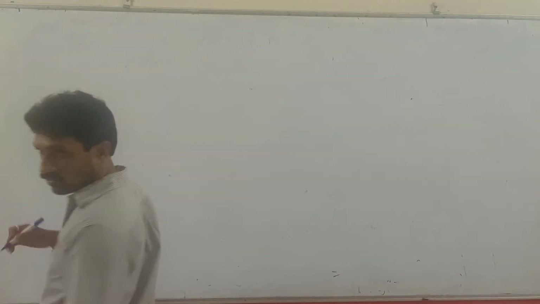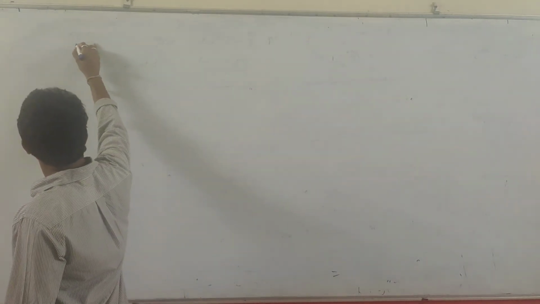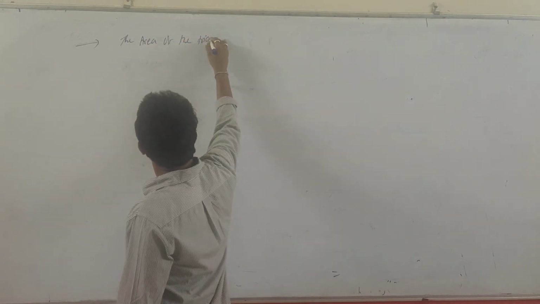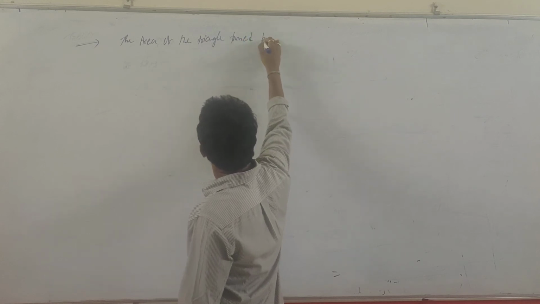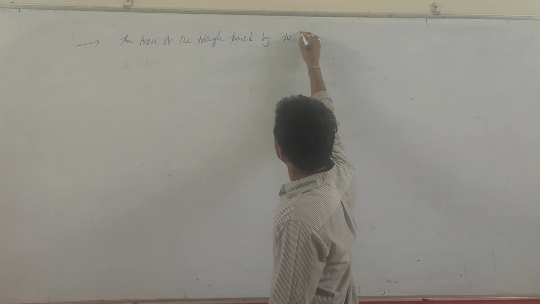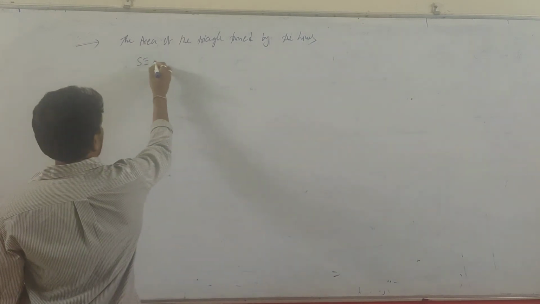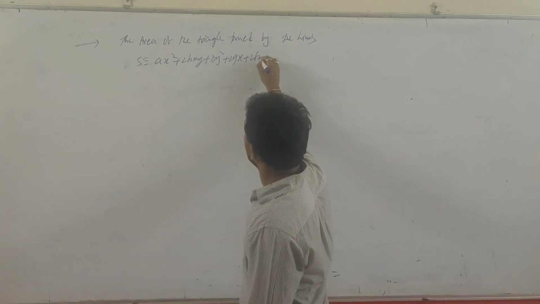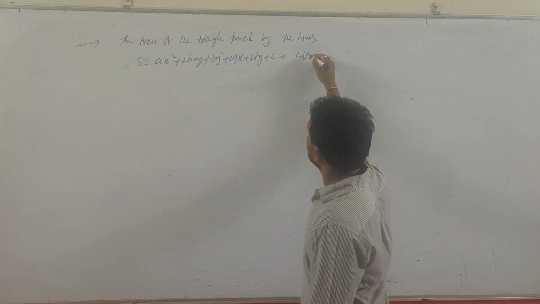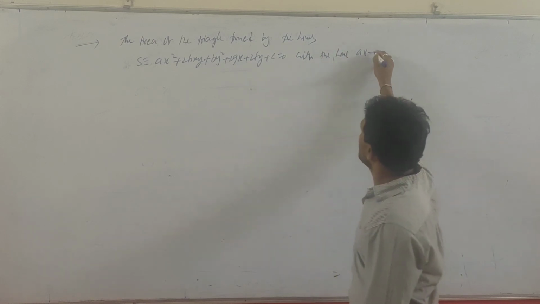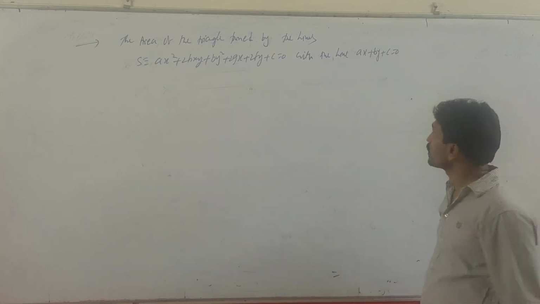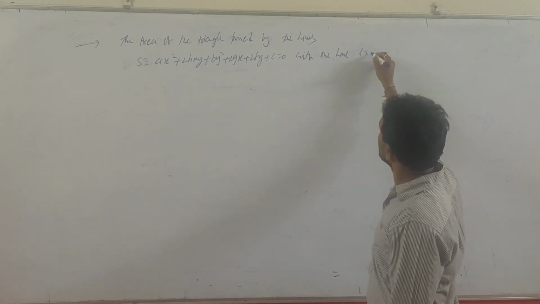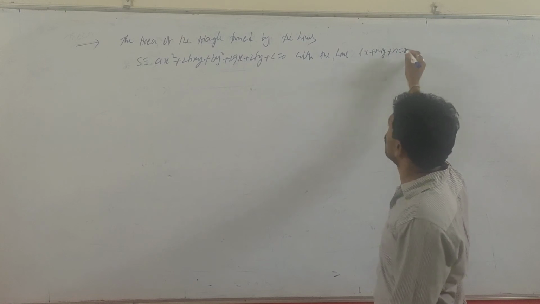Next, the continuation theorem: the area of the triangle formed by the lines S as ax square plus 2hxy plus by square plus 2gx plus 2fy plus c is equal to 0 with the line ax plus by plus c is equal to 0, or Lx plus My plus N is equal to 0, as we are taking in the previous video.